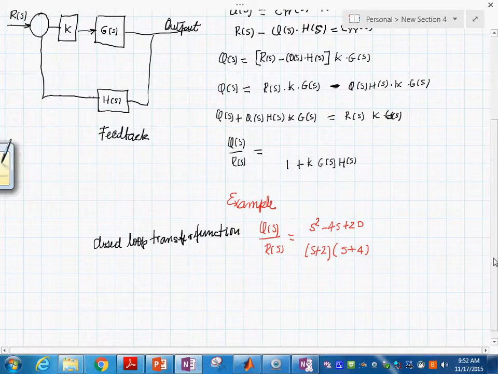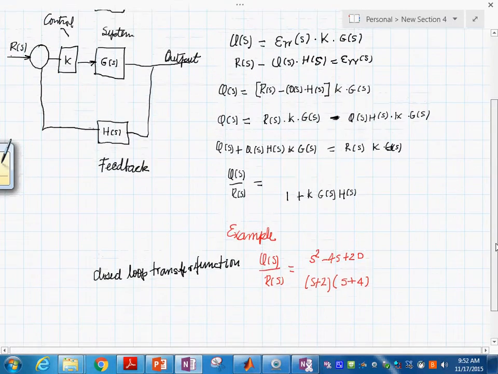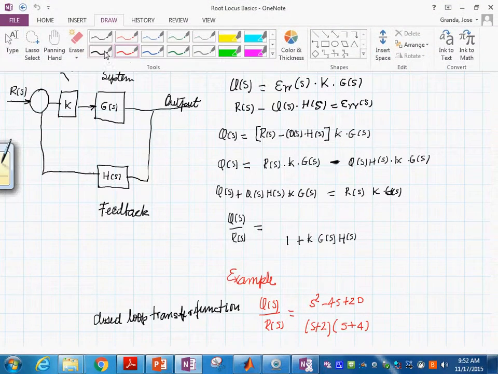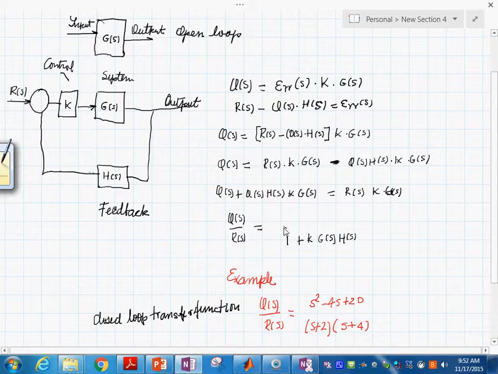I just moved it a little bit in here, and part of it disappears, so let's put it back. This was K times G of S, right? So this thing is the closed loop transfer function.